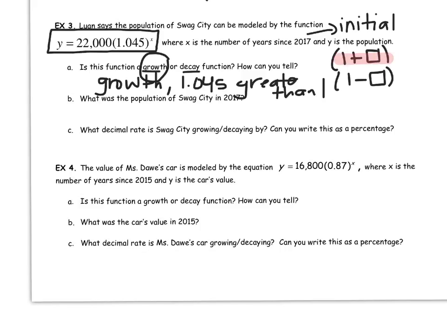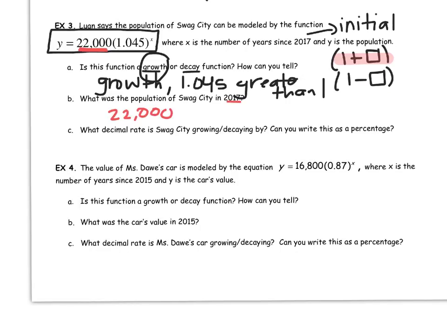All right, it says, what was the population of Swag City in 2017? 2017, remember, was our initial year, our starting year. So basically, this is just asking what is the starting value, and that's this first number, 22,000. Right, that's this number. All right, it says, what decimal rate is Swag City growing or decaying by?